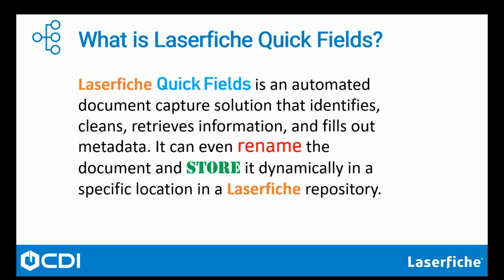The best way to explain quick fields is it's something that can scan a document, automatically pull out pertinent information, and add that as metadata automatically. The purpose of this and the main value of quick fields is mainly to reduce the amount of time spent adding Laserfiche metadata to a document when this can do it automatically.